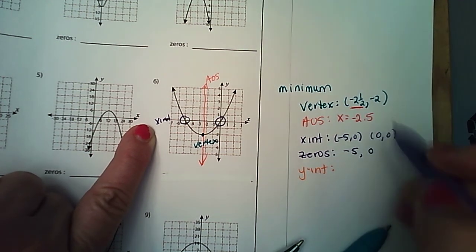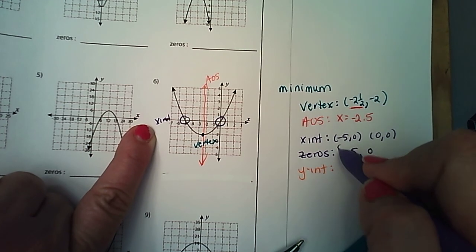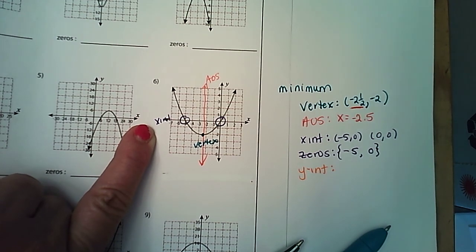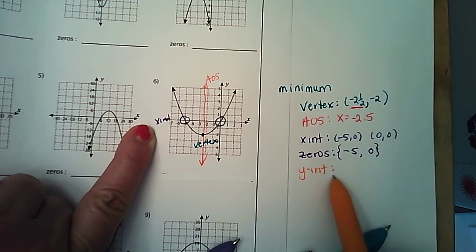And because there are two answers, you would put them in set notation, although right now they're not going to be. If you plug them into Delta Math or IXL, they won't have you plug them in to the set notation. They'll just have the two numbers. And then the y-intercept, which is actually why I chose this example because it had one, is where it crosses the y-axis.